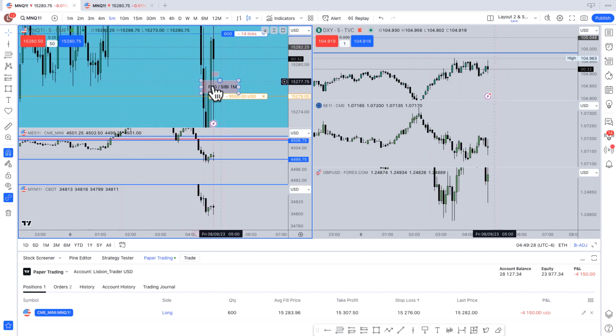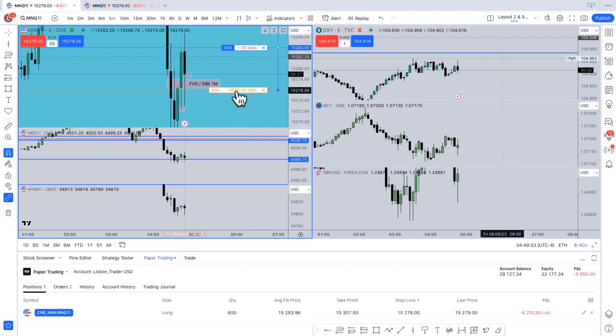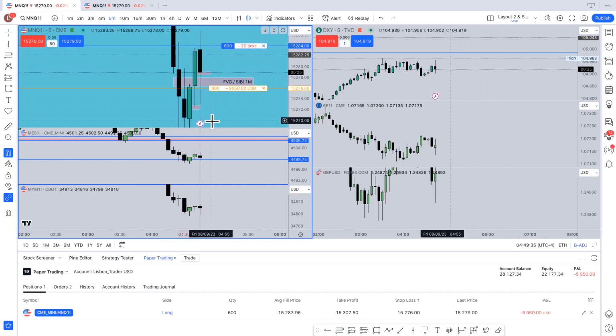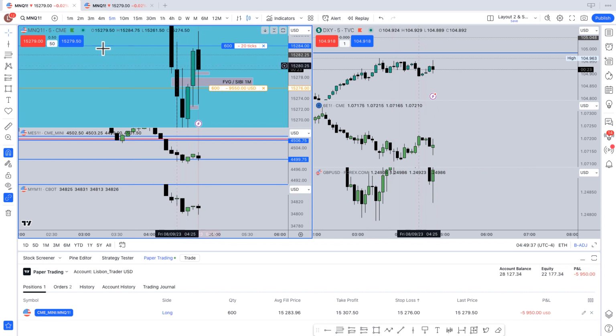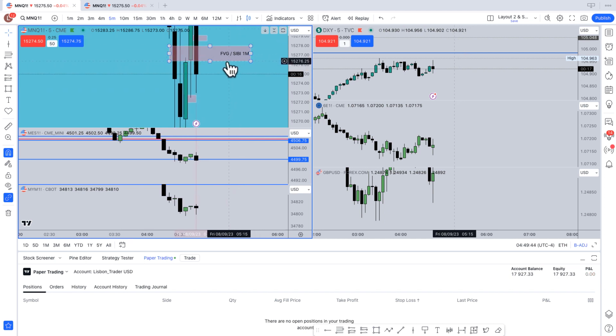On the 5-minute, so up, down, might go down again. So now this volume imbalance did not get respected, and then busted.